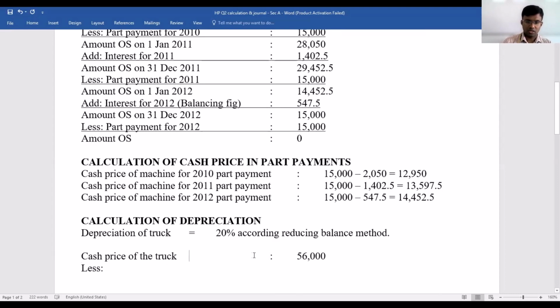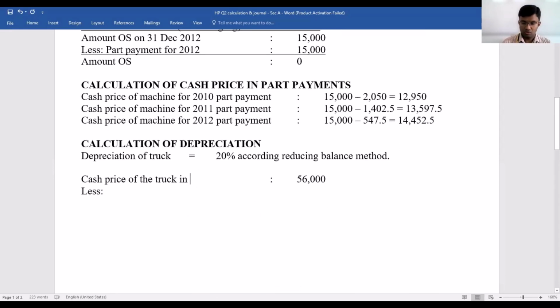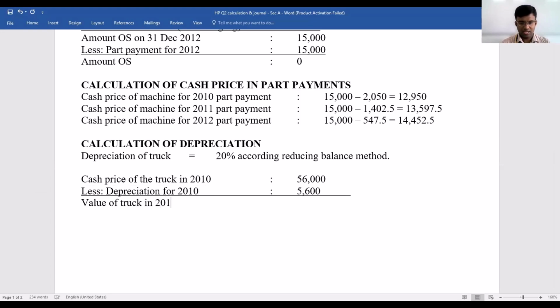Less, from the cash price of the truck in 2010, we will have to subtract depreciation for 2010. When you subtract this, you would get the value of the truck in 2011.